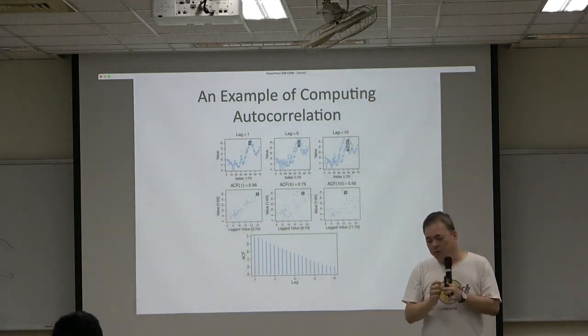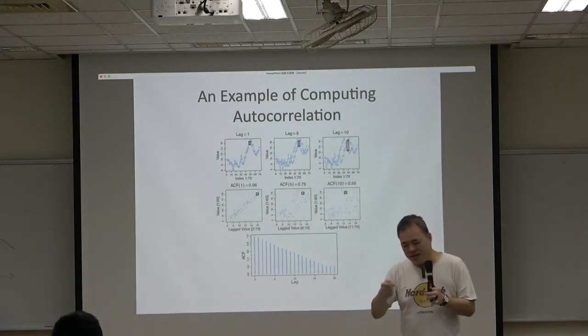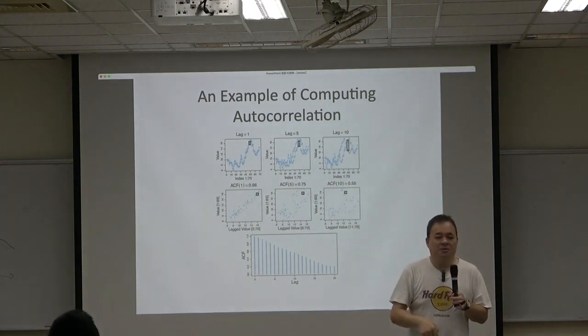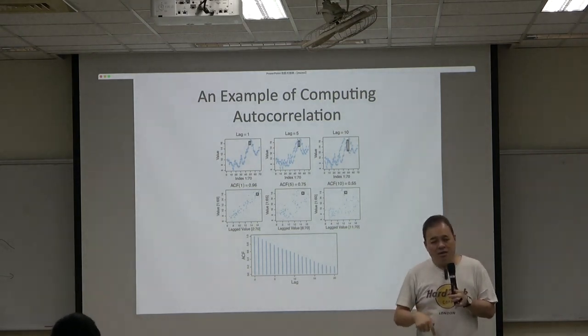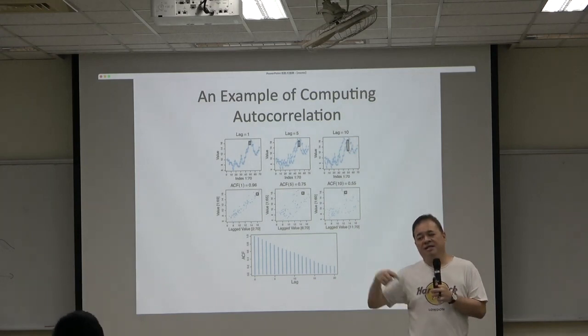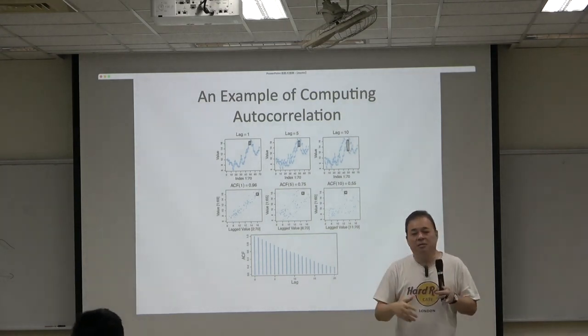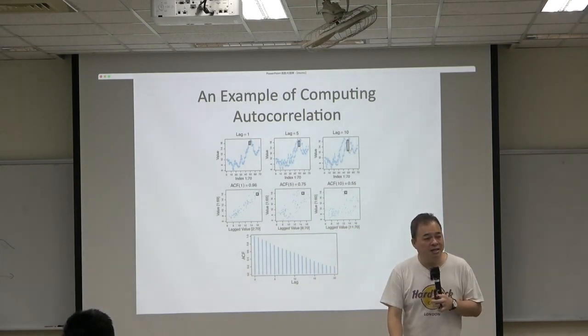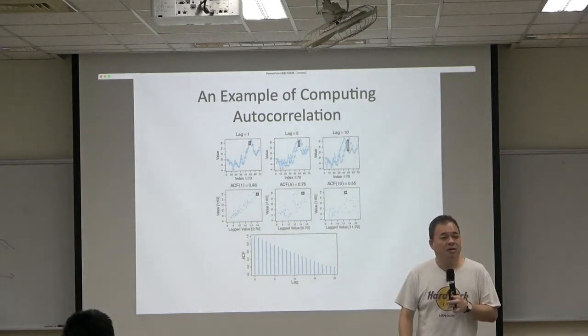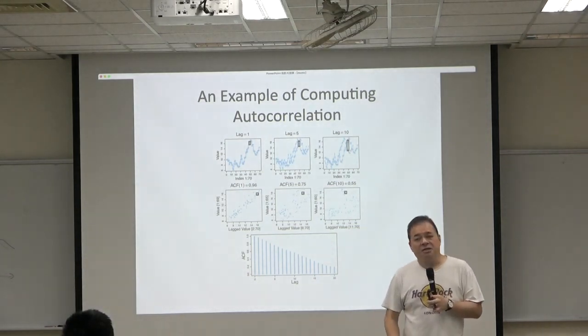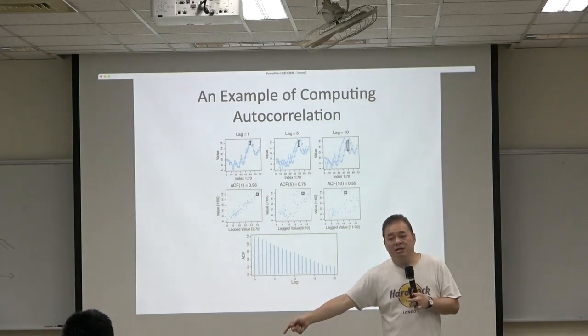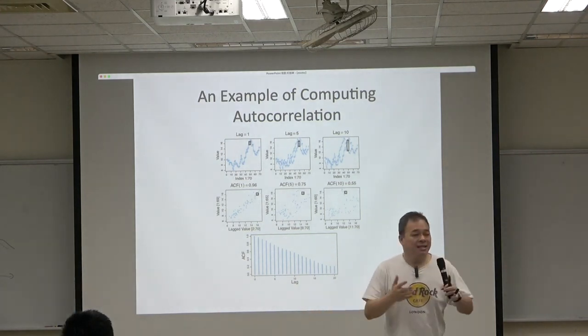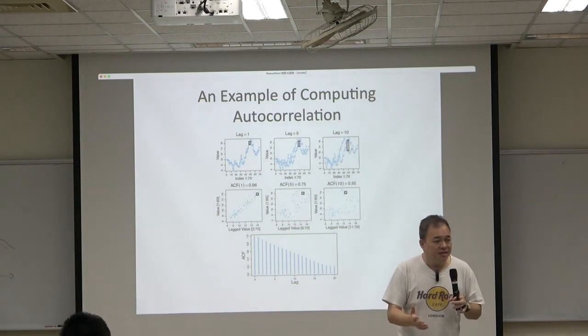For example, for this current step, if I move next, because it's a Markov chain, a Markov process, the current step influences where you are at for the next step. That's nature.